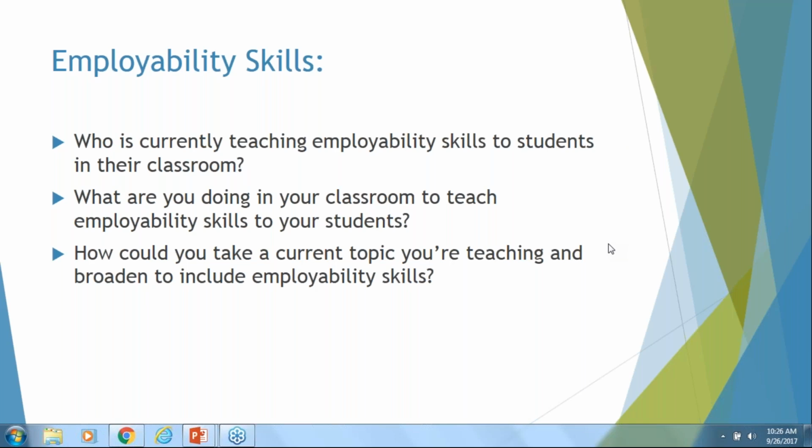If you're going to be teaching math, how can you include employability skills in math? And I think that Amber actually said that with using math practices. How could you teach language arts and incorporate employability skills in language arts? How could you teach across the curriculum in a certain topic and broaden it to include employability skills?